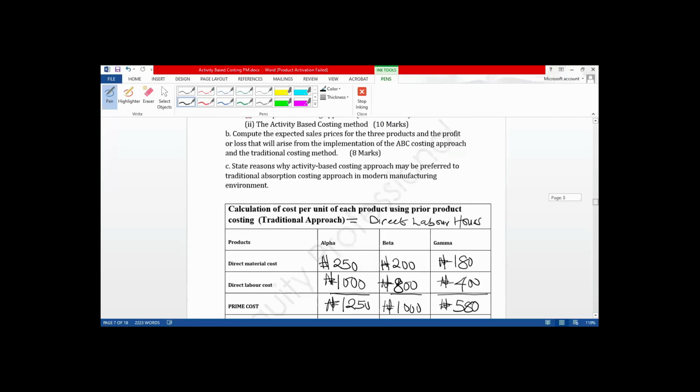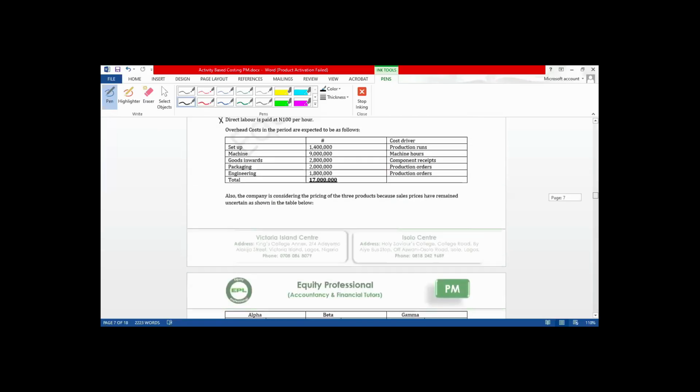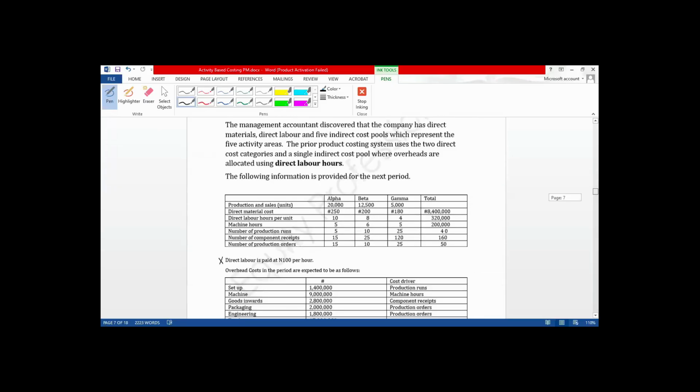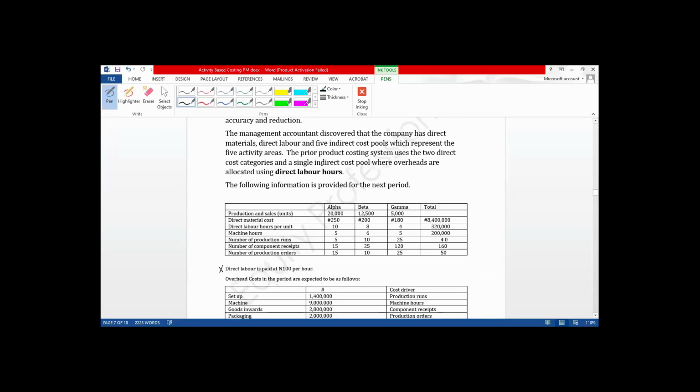All right. So look at it. Examiner says the prior product costing system uses the two direct cost categories and a single indirect cost pool where overheads are allocated using direct labor hours.